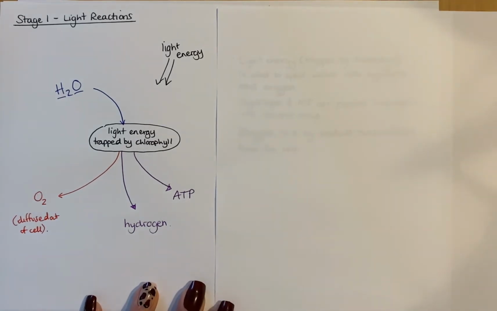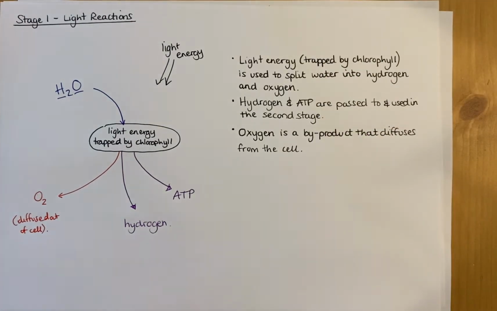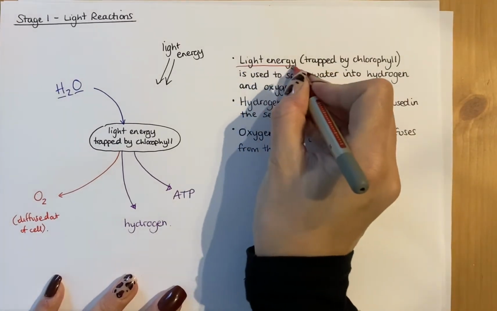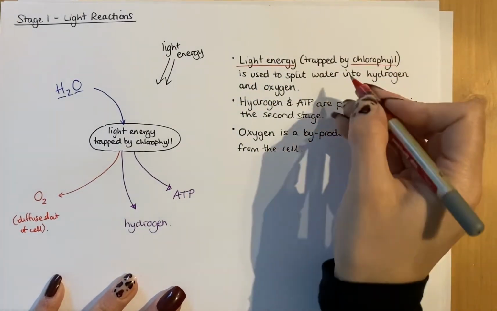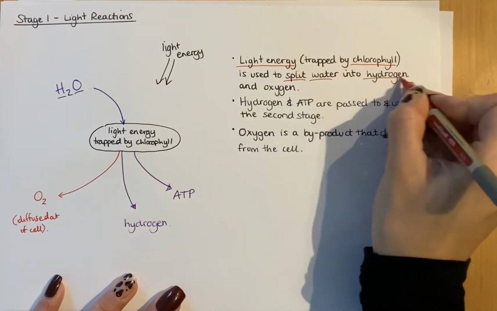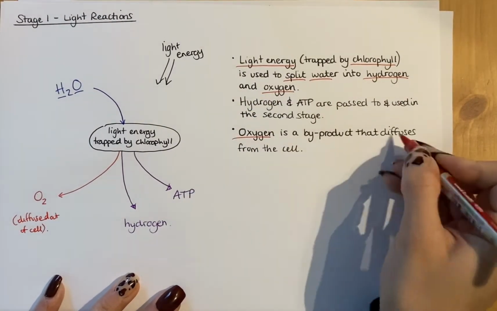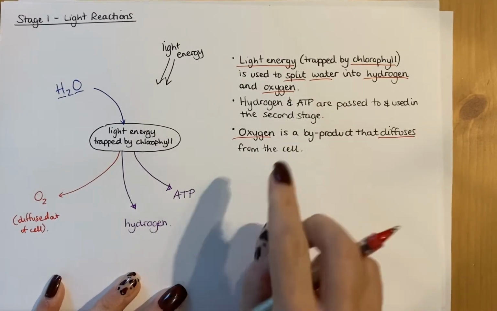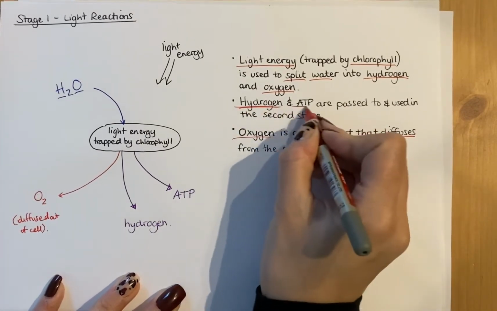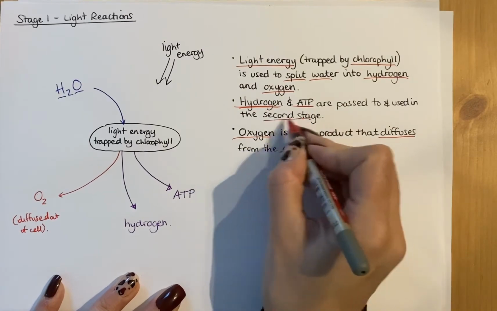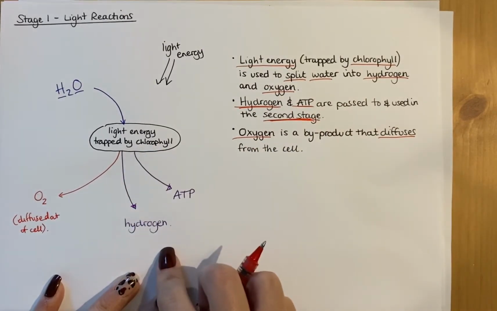Right, so what I've got on the right hand side is a quick description of this stage, because you might be asked in a question to describe this process. So just underline the key points. Light energy, trapped by chlorophyll, splits water into hydrogen and oxygen. That oxygen is a byproduct, so it diffuses out of the cell and then is lost. But hydrogen and ATP are actually used in that second stage, so these are passed on to the next stage.